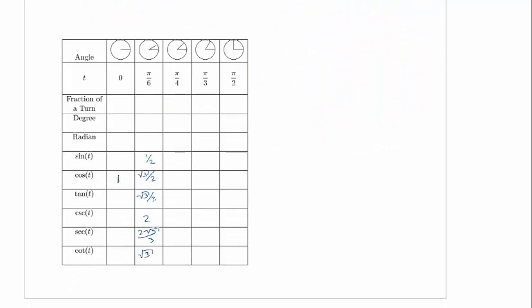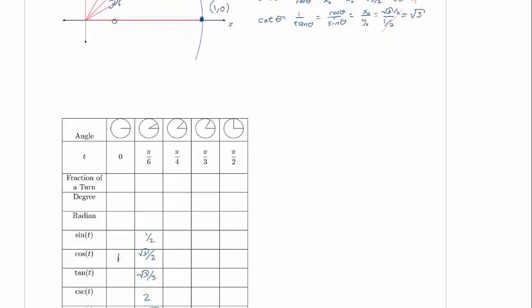Okay, so there we have it. We've got all the trig values done for pi over 6. Let's go ahead and take a look at this top part of it. We want to be able to convert between fractions of a turn, degrees, and radians.